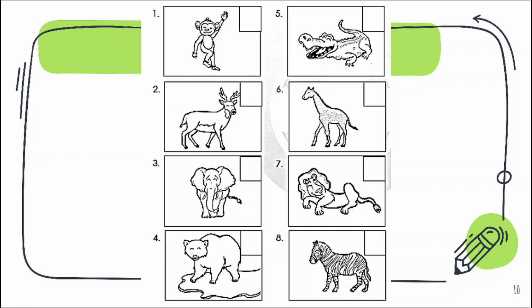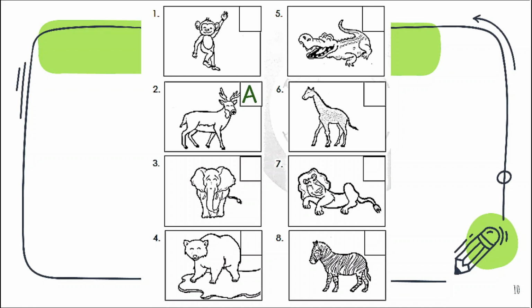What is the first animal that they saw? Correct. Number 2, deer. So we are going to write letter A on number 2. Next. Then we saw a giraffe with towering neck and long legs. Where do you think is the giraffe?